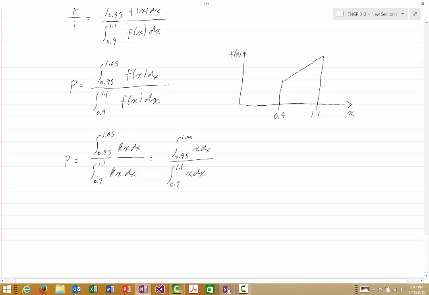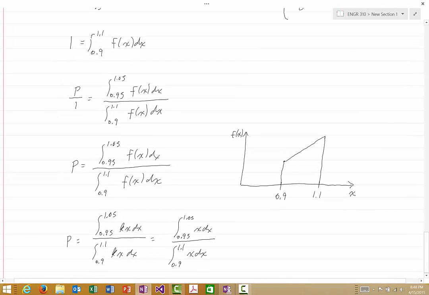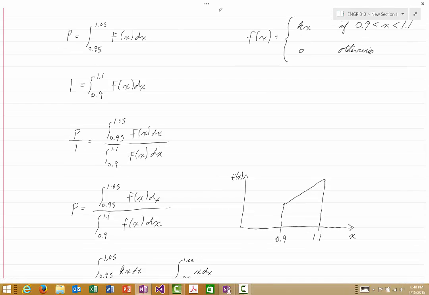We know that the integral of f of x dx from 0.9 to 1.1, as we said already, is the area enclosed here, and that area is equal to 1. But if we really wanted to find out what that implies the value of k is, we have to do some work. But notice that the p that we want could be regarded as the area under the f of x curve from 0.95 to 1.05.